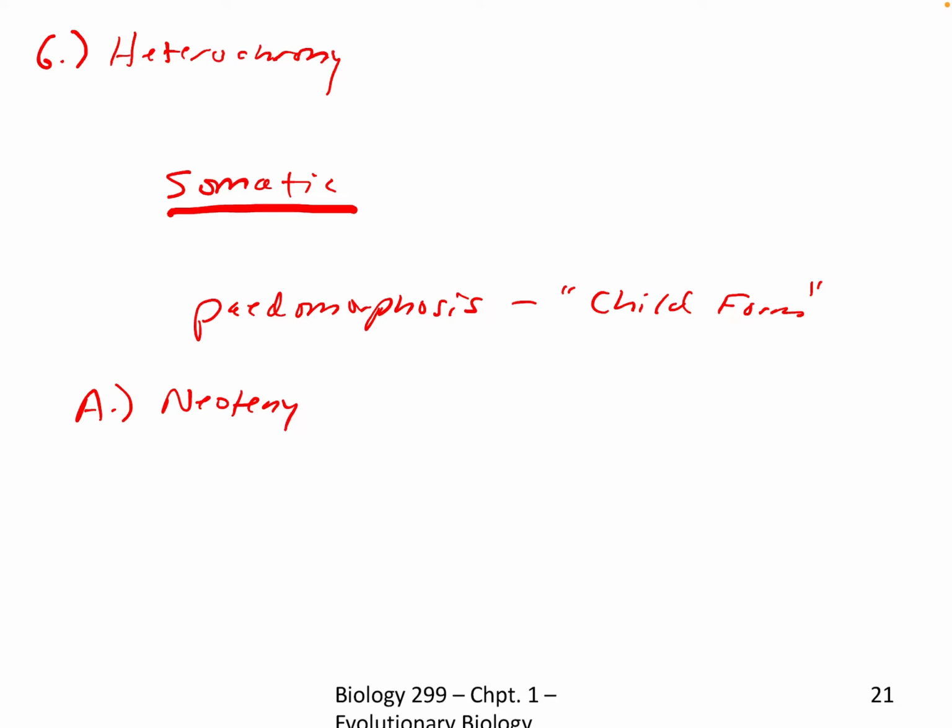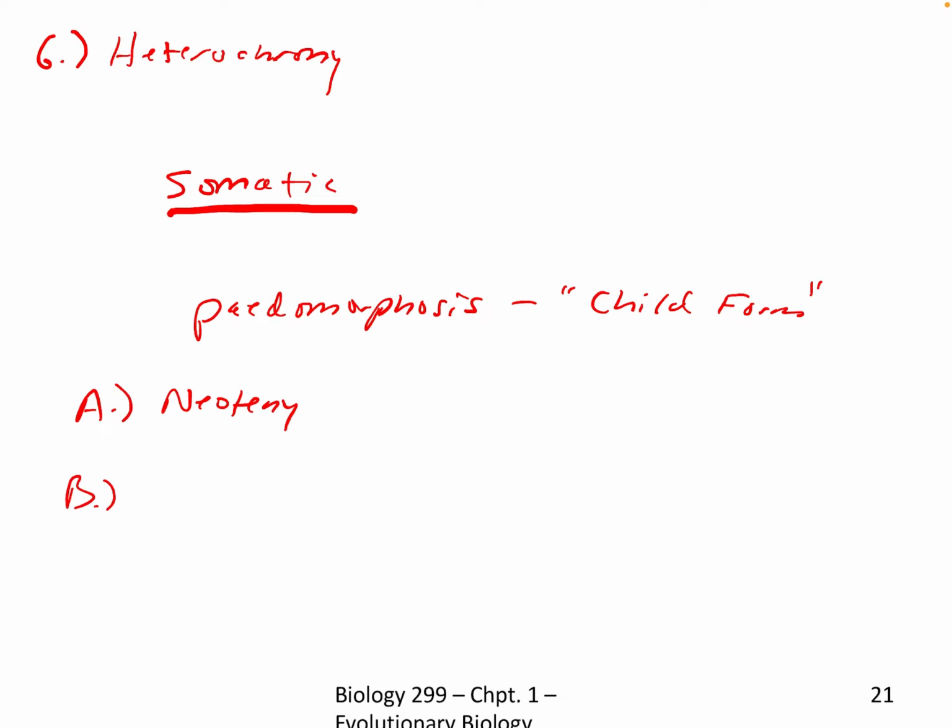What that means is that an individual becomes sexually mature prior to taking on a fully adult somatic form. That's one way that paidomorphosis can occur. You end up with a sexually mature adult that resembles a juvenile, and again, that's what paidomorphosis is.